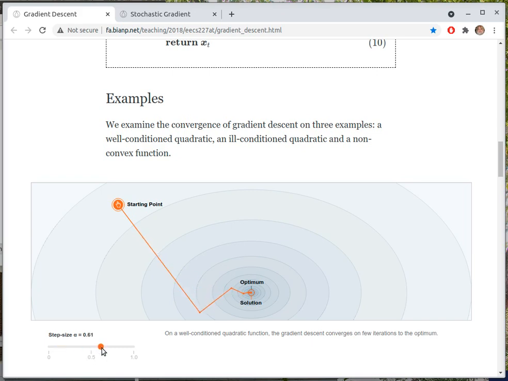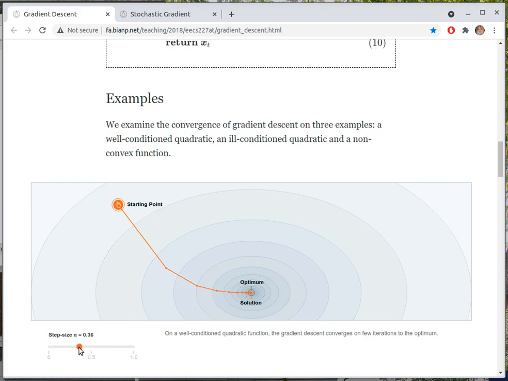Right, so for example, if we had too big of a step size, right, it can go crazy and start going all over the place, even with a really nice, well-conditioned quadratic.